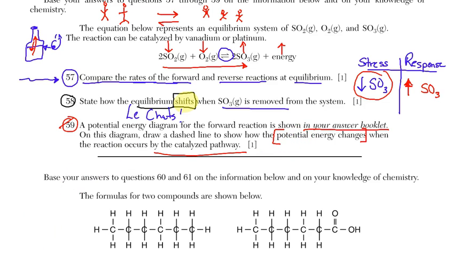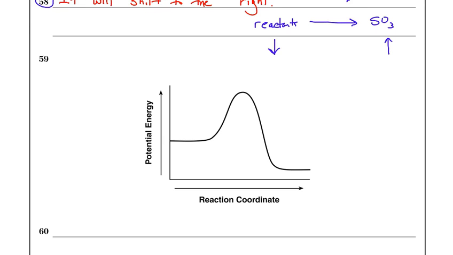So let's go there. Okay, so here's our potential energy curve. Notice we're starting here and we're going down. We're finishing. So these are the reactants. Here are the products. And if you remember your reaction, the energy was on the product side because it was an exothermic reaction, which is important to recognize, that this is going down.